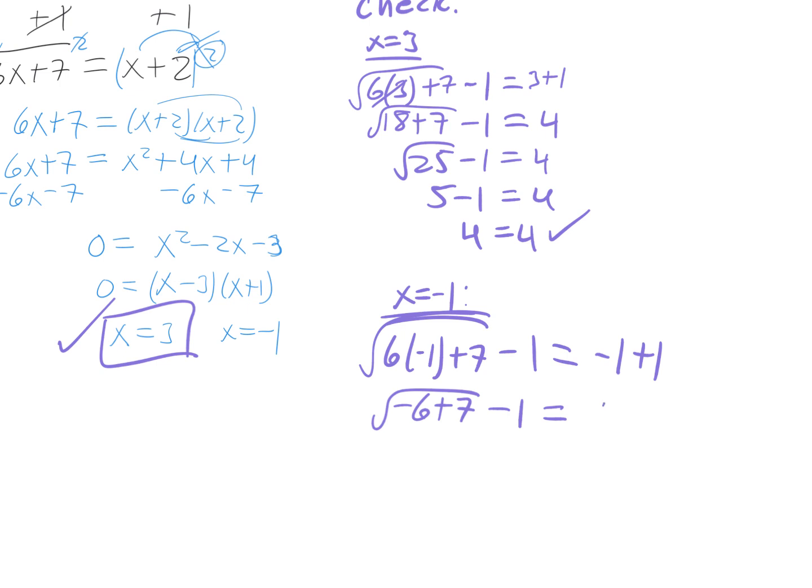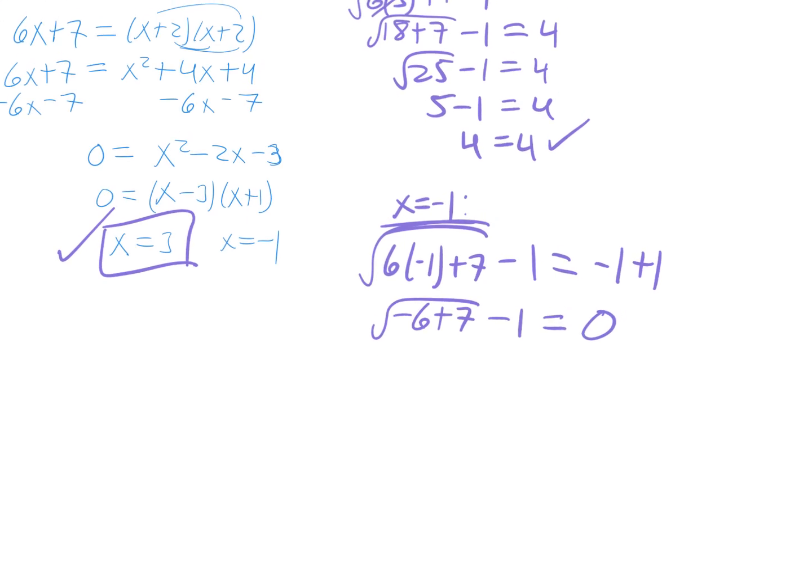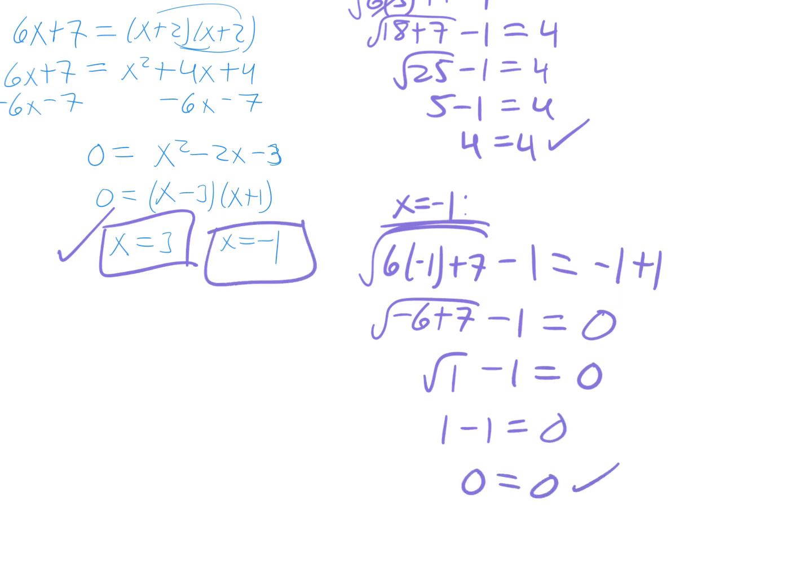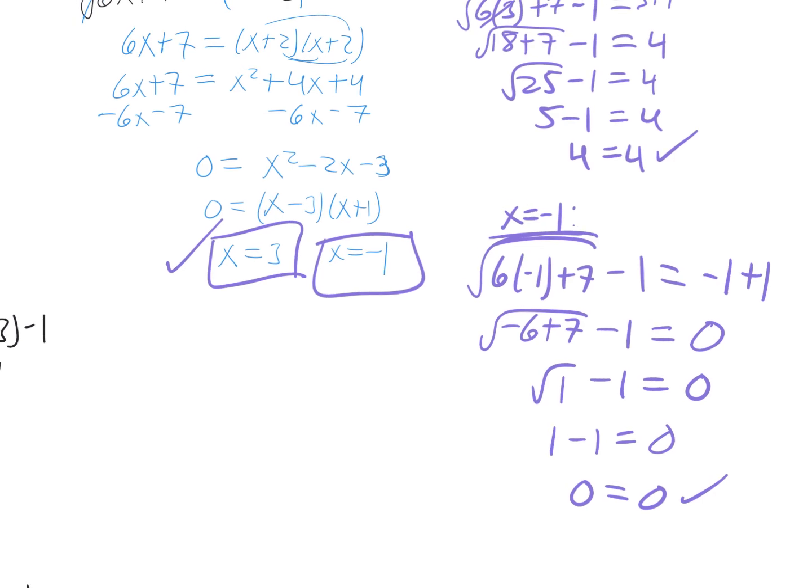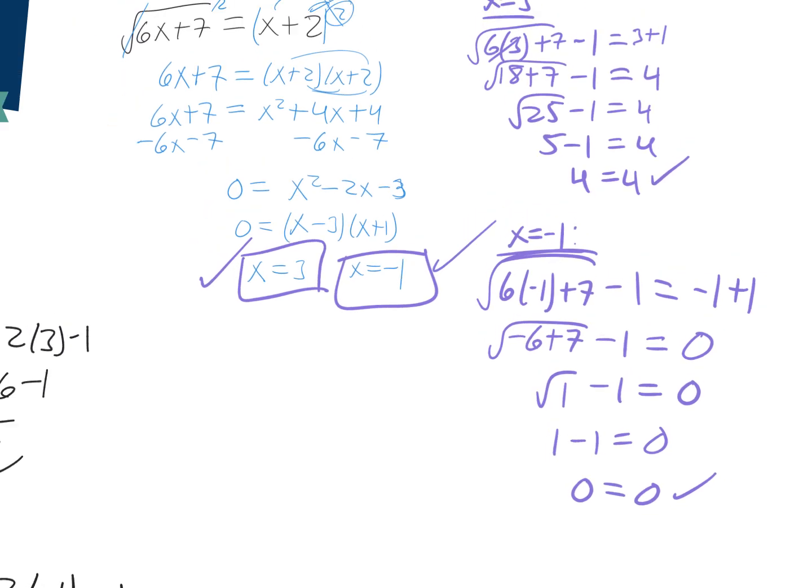Negative 1 plus 1 is 0, and negative 6 plus 7 should get you the square root of 1. The square root of 1 is 1, so 1 minus 1 equals 0. This is another true statement. We get 0 equals 0. So x equals negative 1 is also a solution. This just emphasizes the last point that I was trying to make.